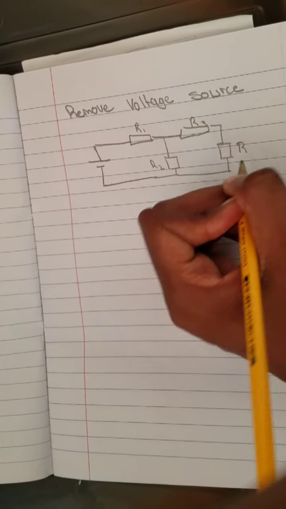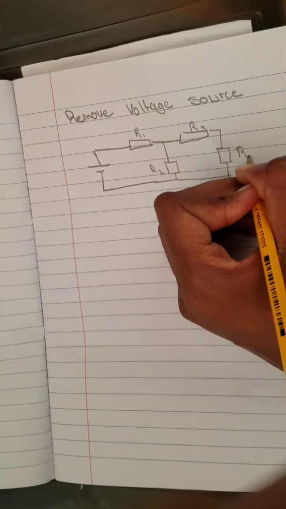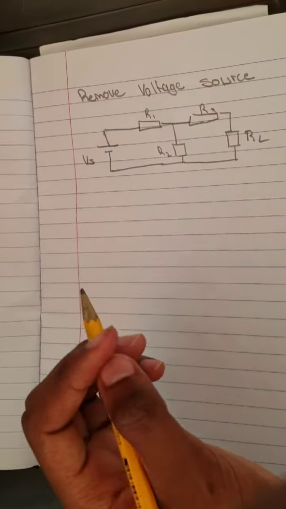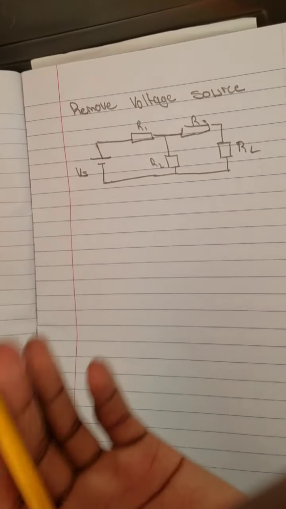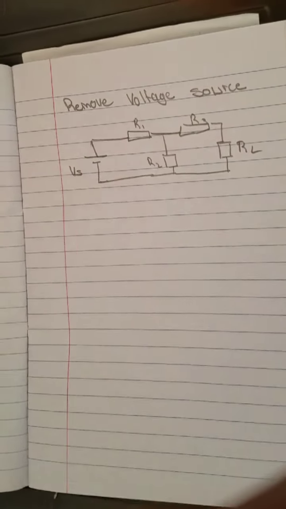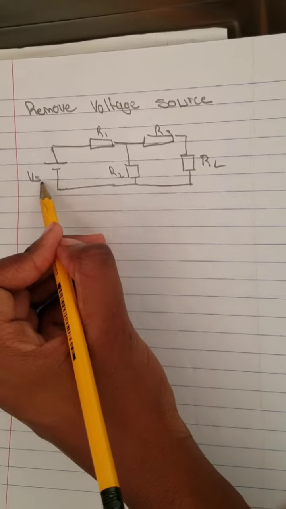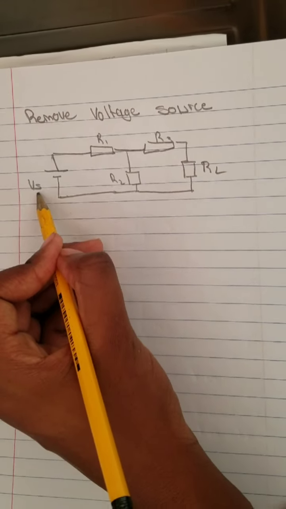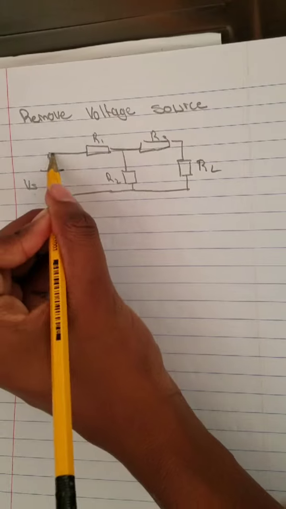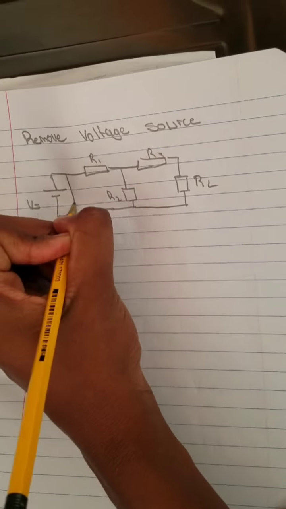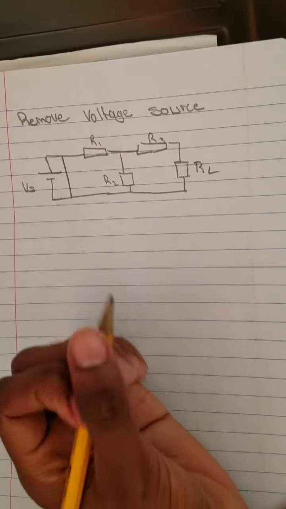So how do we remove the voltage source? This is the voltage source. We are going to basically break the circuit or short the circuit. The closest part, where the voltage source is, we're going to break there, right here, just like that.